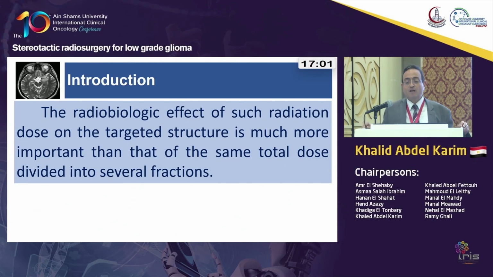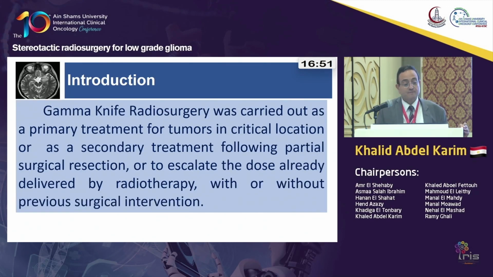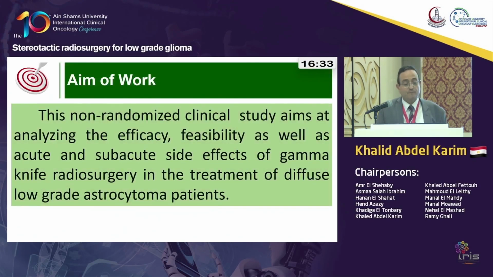The radiobiological effect of such radiation dose on the targeted structure is much more important than that of the same total dose divided into several fractions. Gamma knife was carried out as a primary treatment for tumors in critical location, or as a secondary treatment following partial surgical resection, or to escalate the dose already delivered by radiotherapy with or without previous surgical intervention.